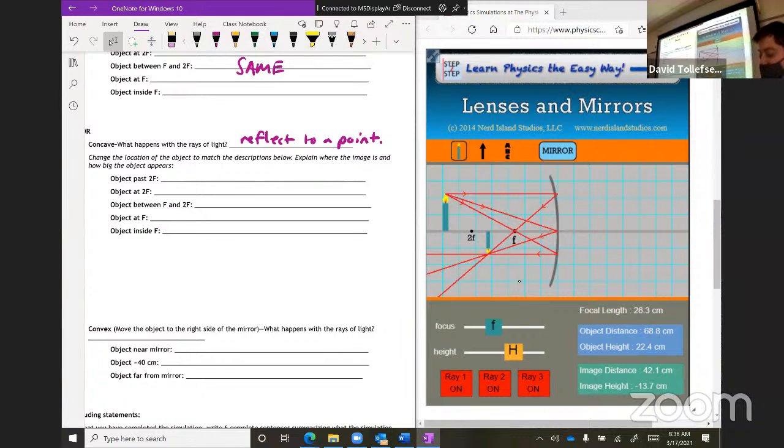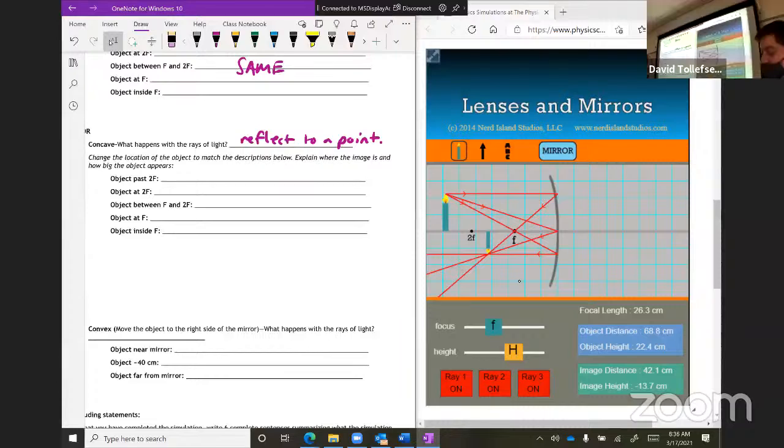So if the object is past 2F, what do you notice about the image? Smaller, upside down, same side. You weren't supposed to put it in between 2F and F or inside? You can, that's fine.